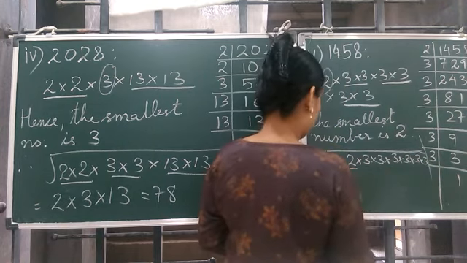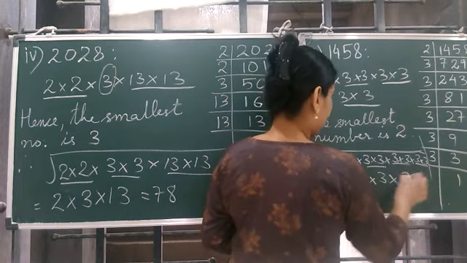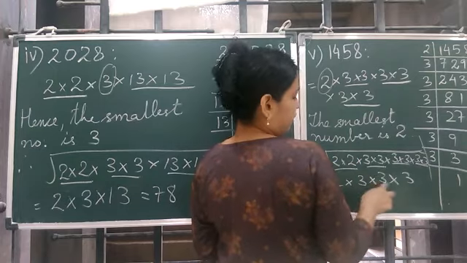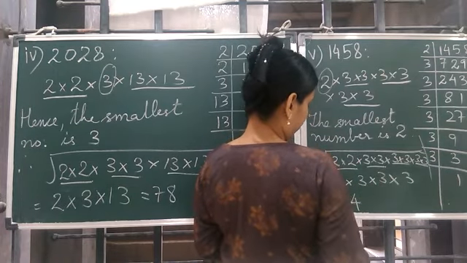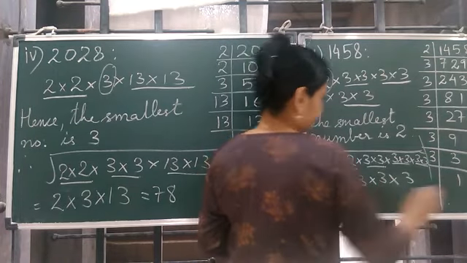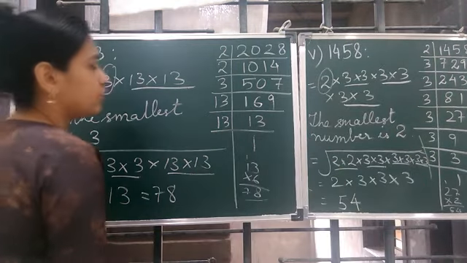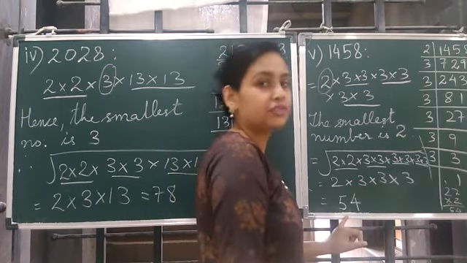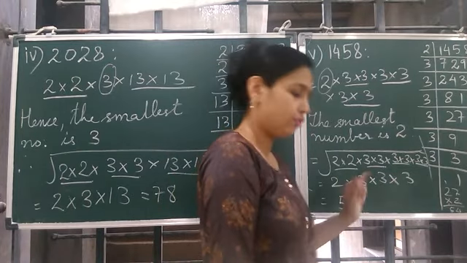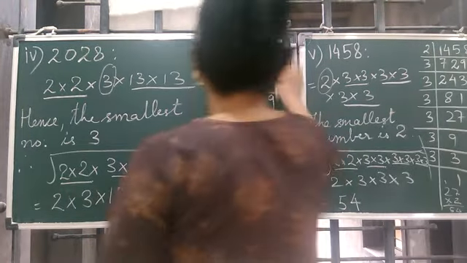So 2, 3, 3, 3. 3 3s are 9, 3 9s are 27, 27 doubled, 7 2s are 14, 54, it was correct, 54. Okay, so the answer is what? 2, and after that when we find the square root, it is 54. So this completes the fifth one, then we go to the sixth one.